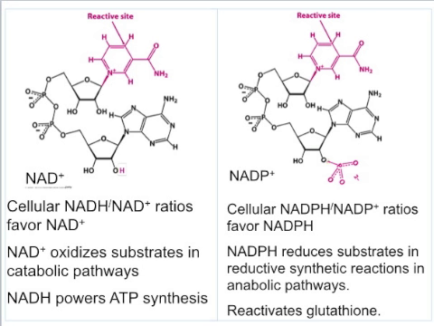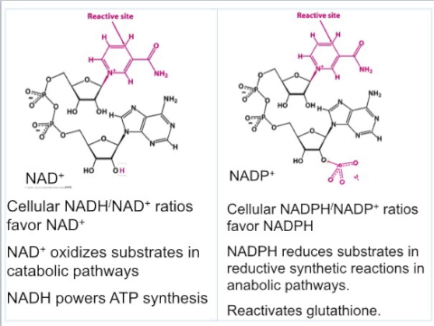The ratios in the cell of NADH and NAD+ favor NAD+. There's more NAD+ than there is NADH in the cell, and so NAD+ is used to oxidize substrates in catabolic pathways. With NADP+, it's very different.